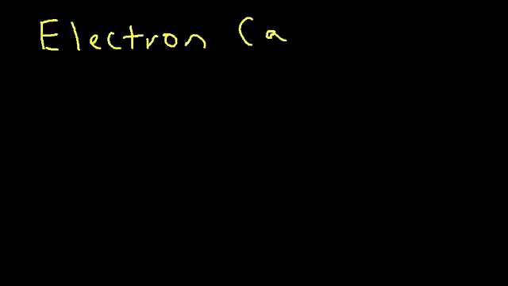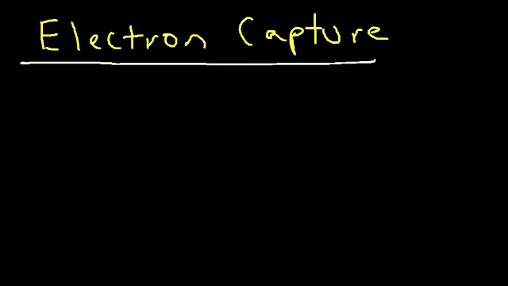The next type of decay we're going to talk about is electron capture. So what exactly is an electron capture? Well, sometimes the nucleus of an atom can capture one of its inner core electrons. Let's see what happens. Let's say we have arsenic-73. Arsenic has an atomic number of 33.